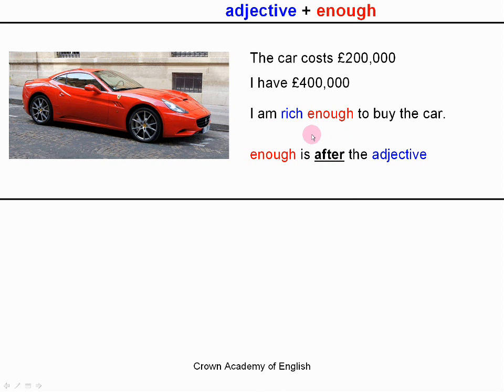So this is very, very important. We do not say, I am enough rich. That is wrong. We must say, I am rich enough. And in this example, we also have an infinitive. We can say, I am rich enough to buy the car. This is the infinitive here. Okay?